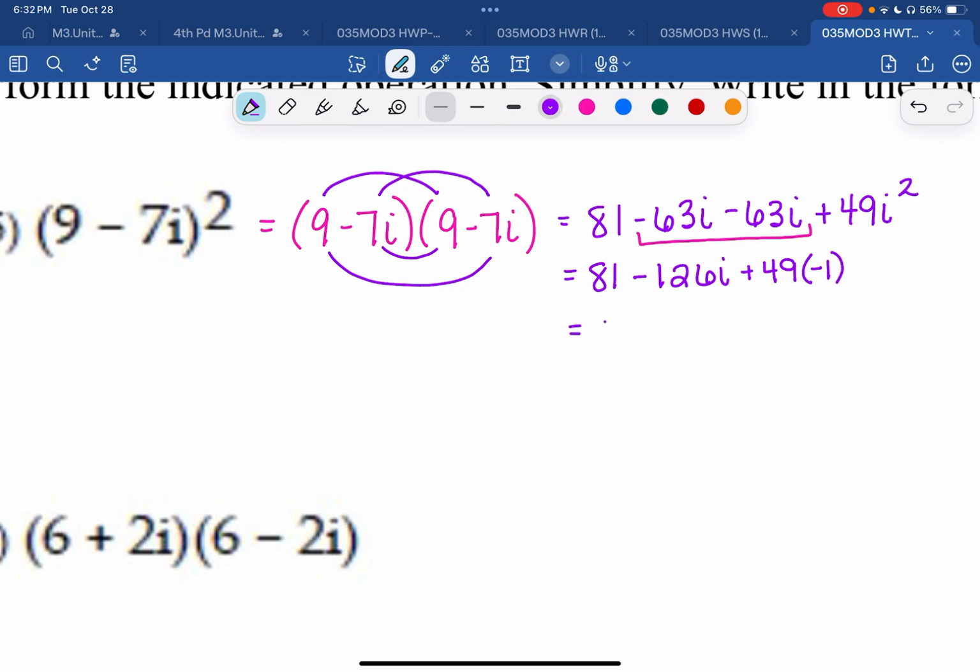So really what I have, 81 minus 126i, I've got 49 times -1, so really that's minus 49. And so I can combine this 81 and -49 to get a final answer of 32 minus 126i.